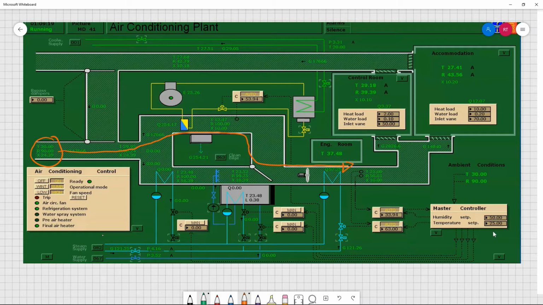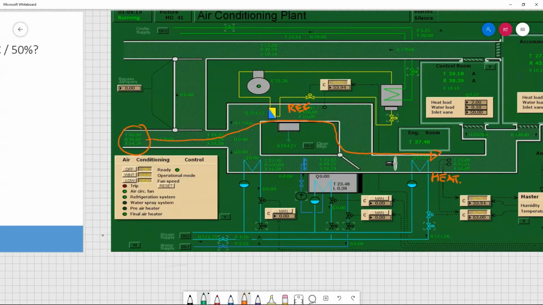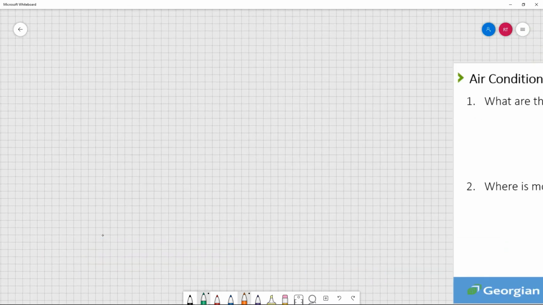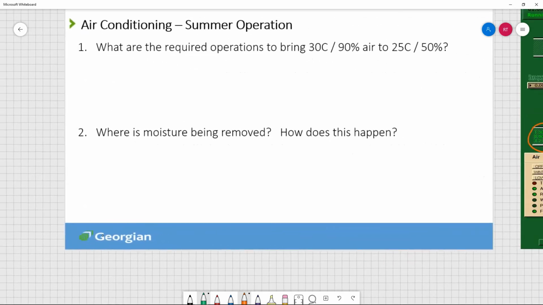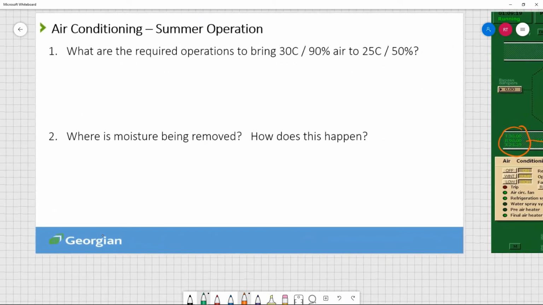So I had refrigeration, and I had heating.